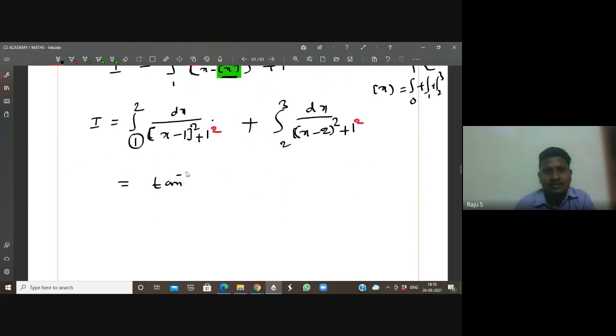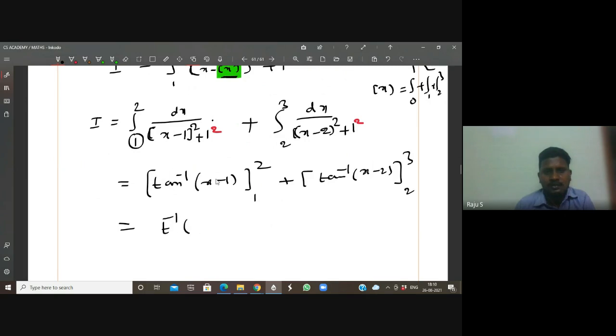Tan inverse of x minus 1, from 1 to 2. Here also the same, tan inverse of x minus 2, with limits 2 to 3. Now the upper limit: clearly tan inverse of 2 minus 1 is 1, minus tan inverse of 0, plus tan inverse of 3 minus 2 is 1, minus tan inverse of 0. Got it?